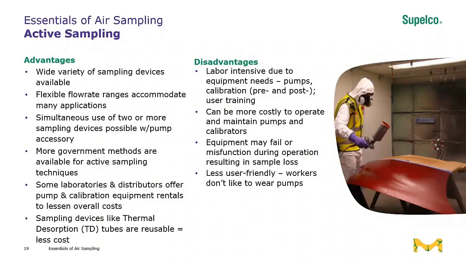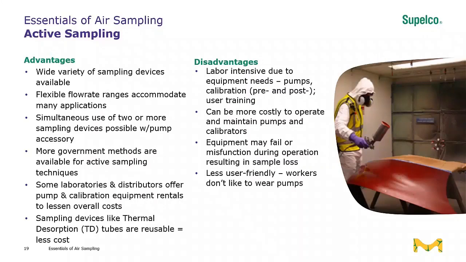Also, during operation, pumps can fail. It's a piece of electronic equipment, and when it fails, you can lose your sample, which is also another added cost. And then you would have to schedule another sampling event. So please take those into consideration.